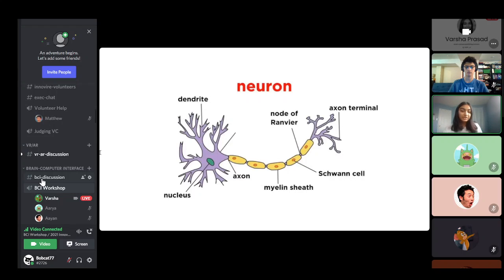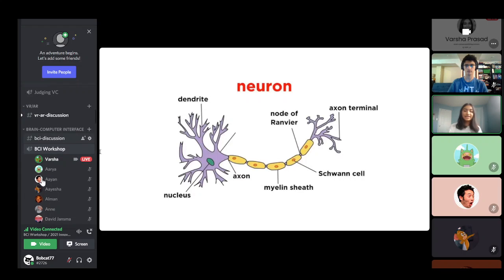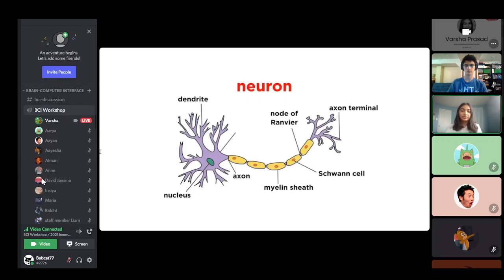So your nerves are really tiny, and they're connected to around 10,000 other nerves. And when they communicate, there are different currents. So an electrical signal is transmitted across the neuron, and then at the end of the axon, it's converted into chemical signals, and these chemical signals are released as neurotransmitters.